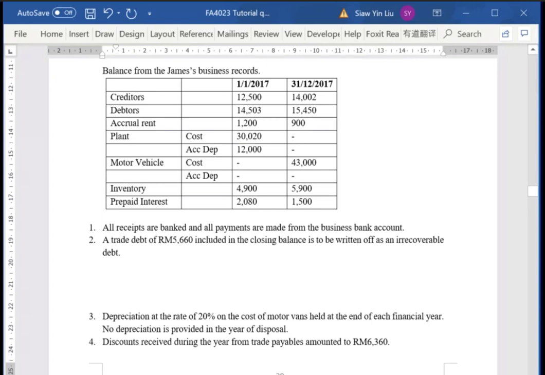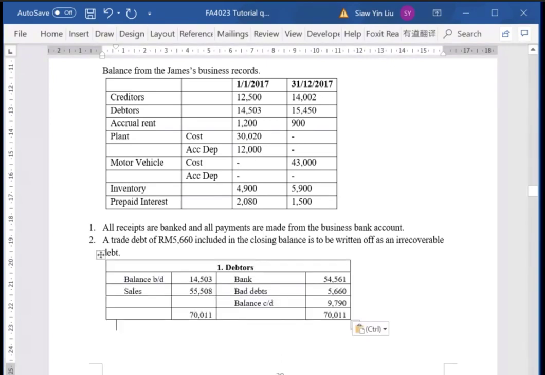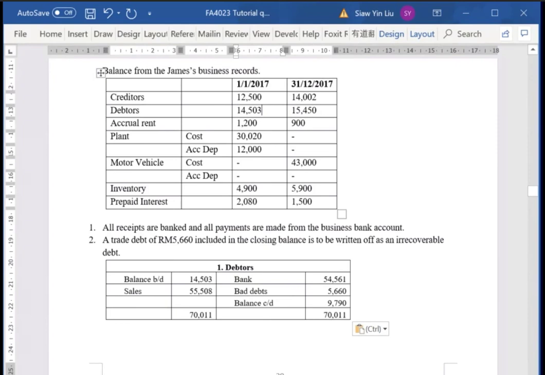Here, opening from the questions. Then here you have the closing. Okay, so you have an opening here.